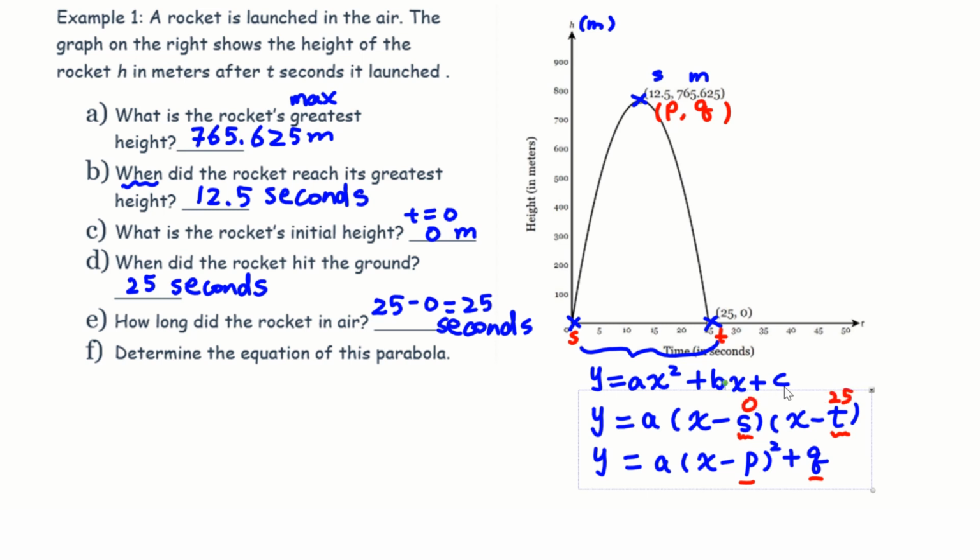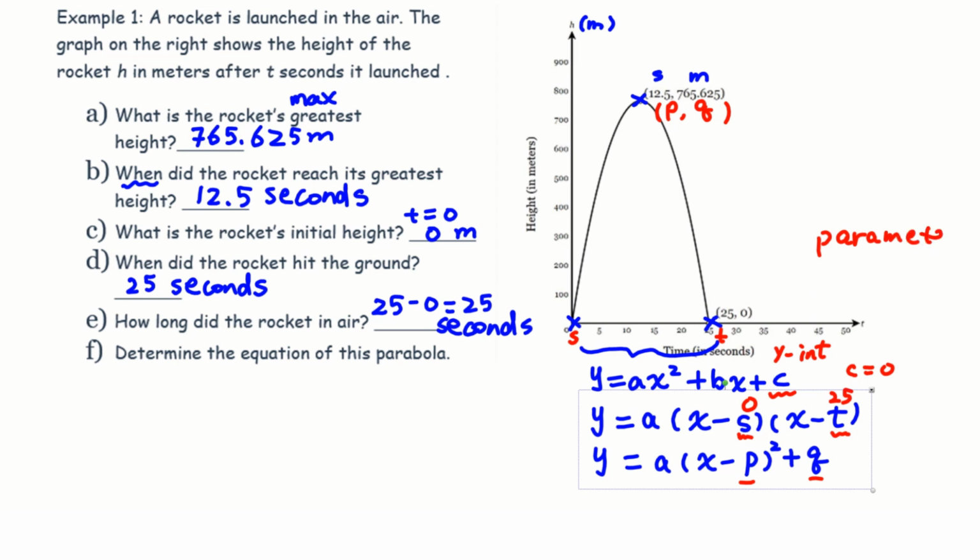In the standard form, the only thing you can know right away is the y-intercept. So c is your y-intercept, where the graph intersects the y-axis, so c equals 0. From these three forms, you will see each form has 3 parameters.